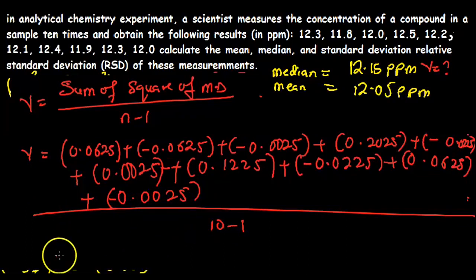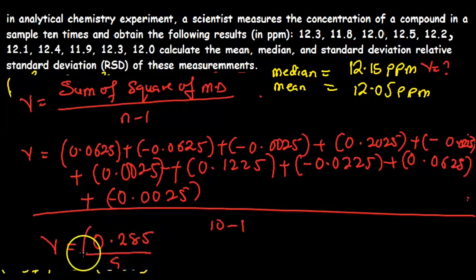In this case, our variance, if you punch everything in your calculator, you are going to be left with 0.285 divided by 9, since 10 minus 1 is simply going to be 9. At this point, we can calculate the standard deviation because we have already found our variance.